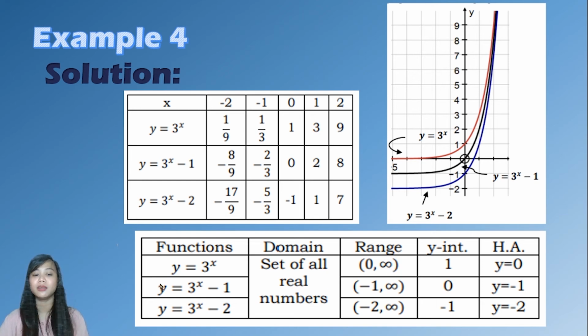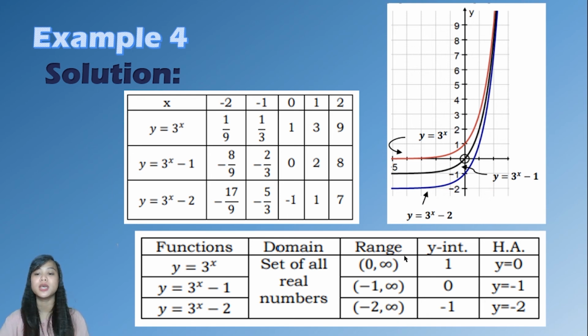For the second function, 3 raised to x minus 1, the range is from negative 1 to positive infinity. And last, for the third function, y equals 3 raised to x minus 2, we have from negative 2 to positive infinity.